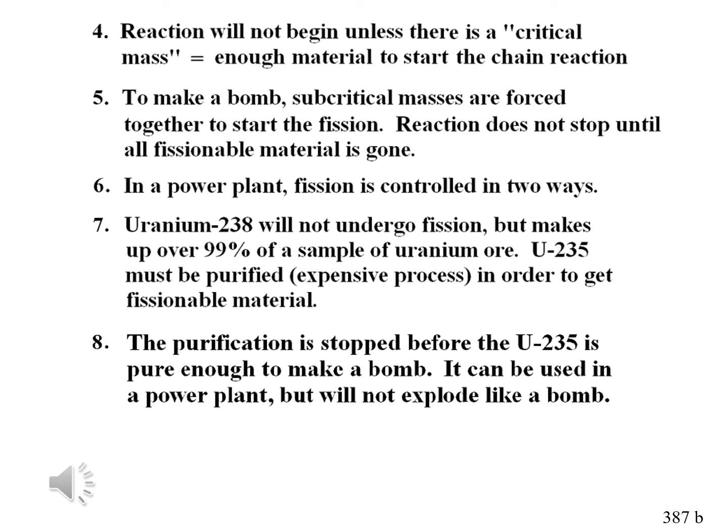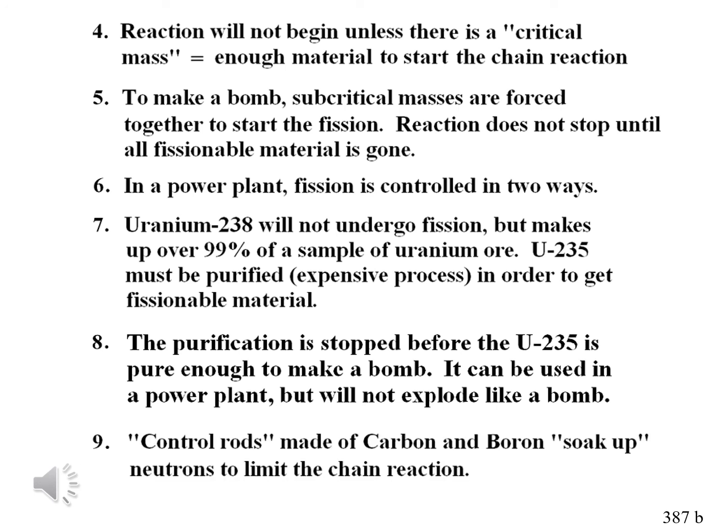So they only enrich the uranium-235 a small amount, so that even if you threw all of the fuel rods from a Commonwealth Edison plant into one place, they would not blow up like a bomb because they're not pure enough.